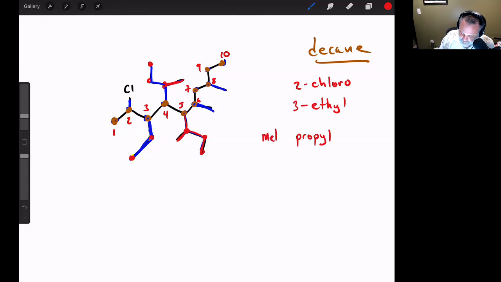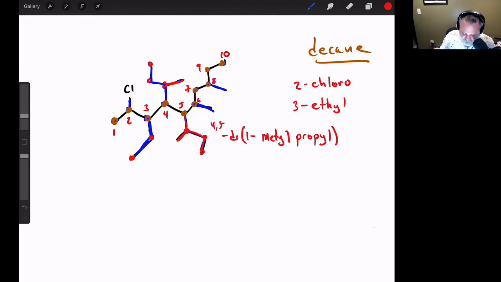It's a methyl propyl group because it's got the methyl group off the 1st carbon. So that makes it a 1-methyl propyl group. But I have 2 of them, so that means it's a di 1-methyl propyl group, and the di would come outside the parentheses because you're telling the reader that there's 2 of these groups coming off the main chain. And so they're both located at the 4, 5 position.